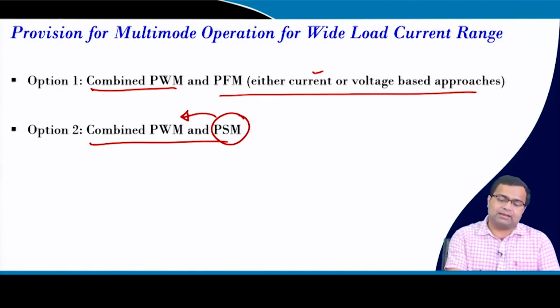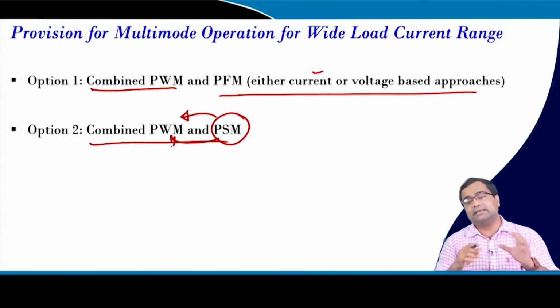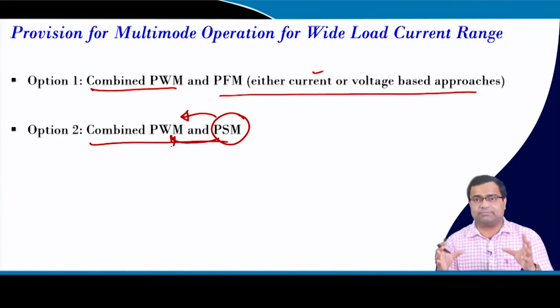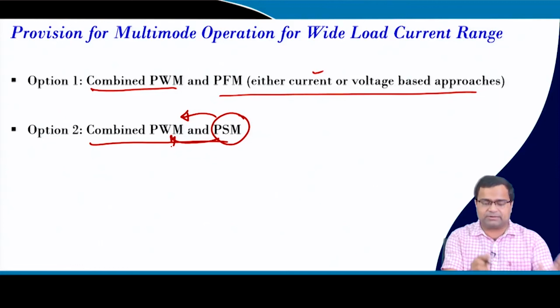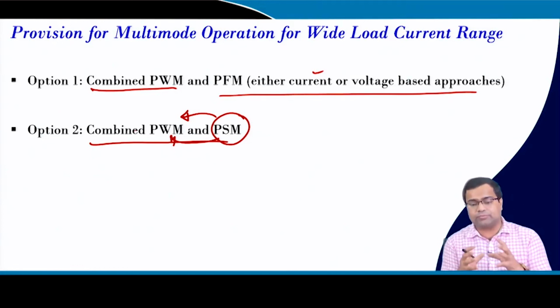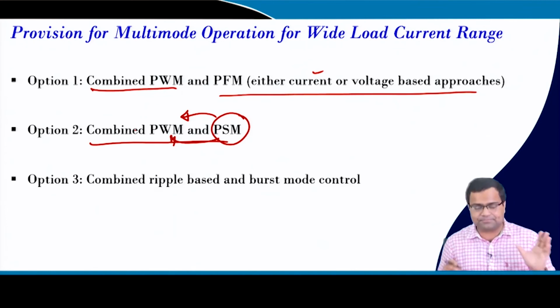If you make the duty ratio of this PSM come from the loop, then it is a voltage control or current control PSM technique. There are techniques that are proposed. We have proposed multiple techniques on that, so you can combine this technique. This technique can also be used for wide load current range.